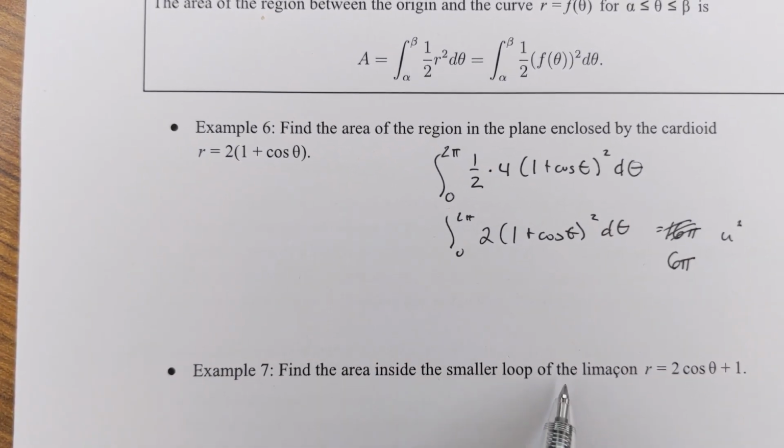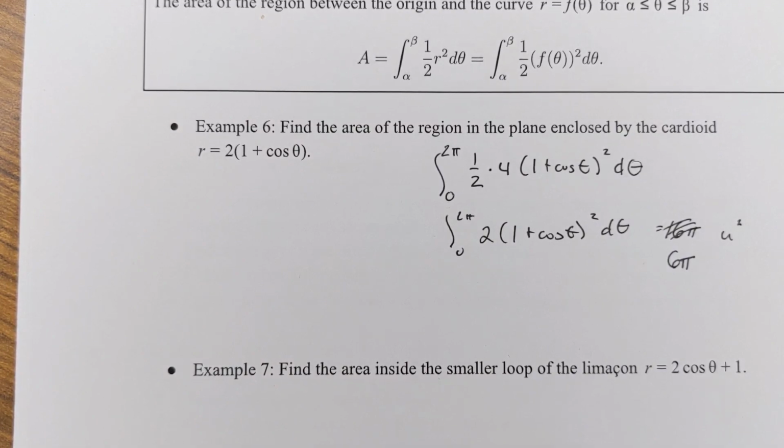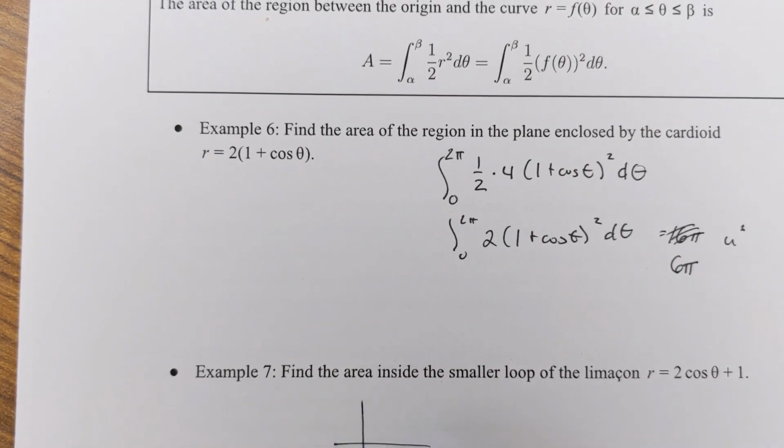Okay, find the area inside the smaller loop of the limaçon. So the limaçon looks something like this.